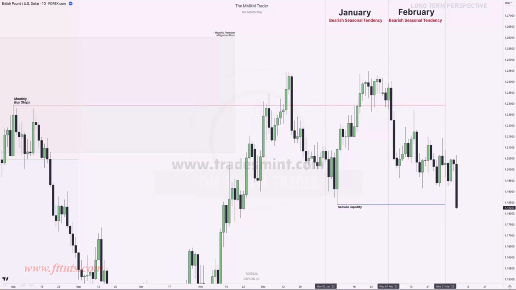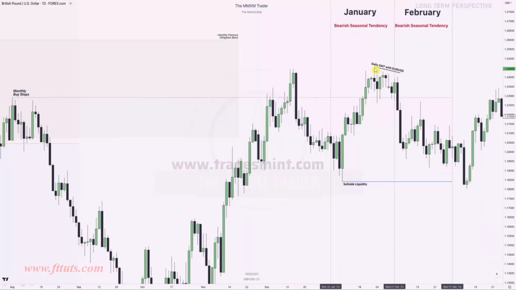Now, if you're unfamiliar with SMT, it is when, let's say, these highs are not getting raided, and on DXY the lows are getting raided and then it continues to move up. This is considered SMT. So over here we've got daily SMT with the Euro USD.